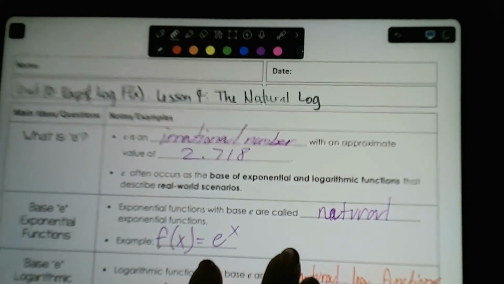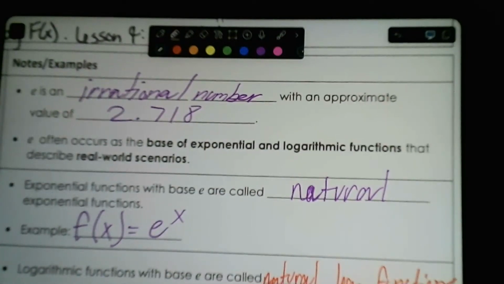It occurs very, very often as the base of either exponential or logarithm functions that describe real world scenarios. The spread of COVID, uncontrolled and unchecked, was an exponential growth function. Okay? And its base was e.